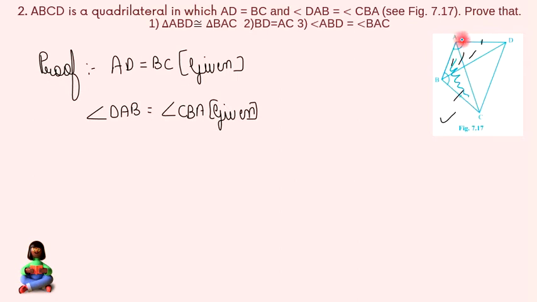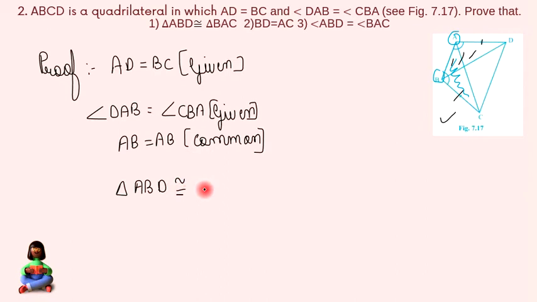See, here also there is a side AB which is common in both the triangles. So we can write AB is equal to AB, because it is common. So from this we can write that triangle ABD is congruent to triangle BAC, again by SAS rule.